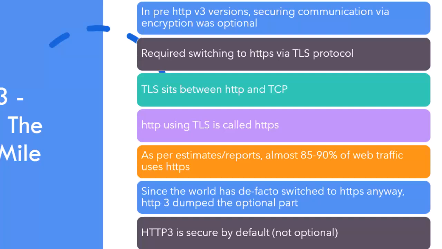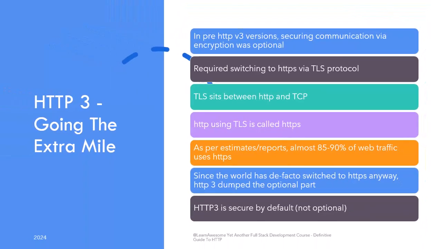In light of these findings, HTTP3 simply dumped the optional part, as the world has pretty much switched to using a secure communication model already, and the optional part was just slowing things down for most of the users. Think of the extra overhead experienced by 90% of web users each time they establish a connection. So HTTP3 is secure by default and only secure. No unsecure or unencrypted variant exists in the V3 world.